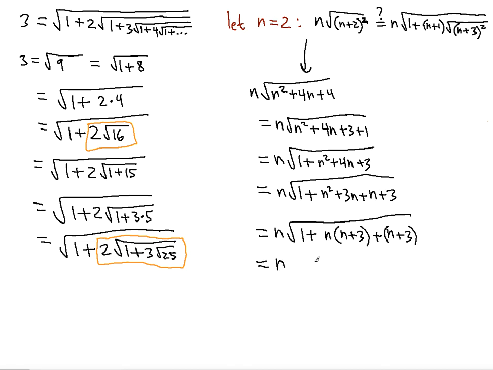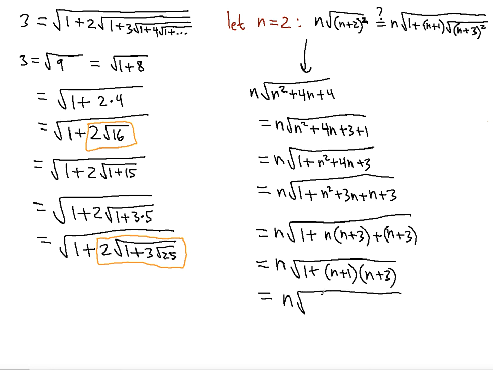And that is equal to 1 plus n plus 1 multiplying by n plus 3. Because both n and 1, when added, both multiply n plus 3. So we can group them together. Now look what happens. Something really amazing.